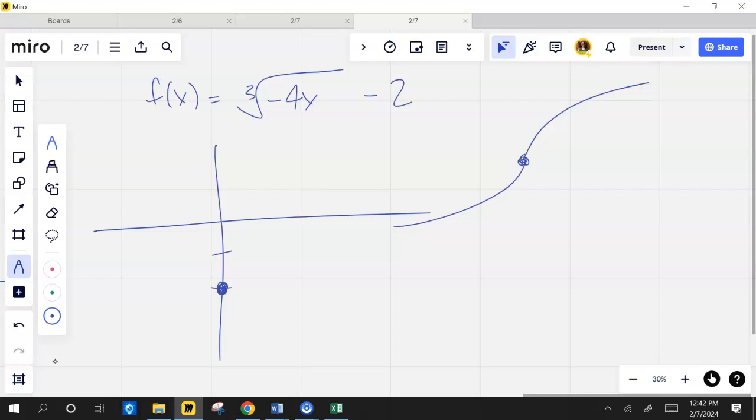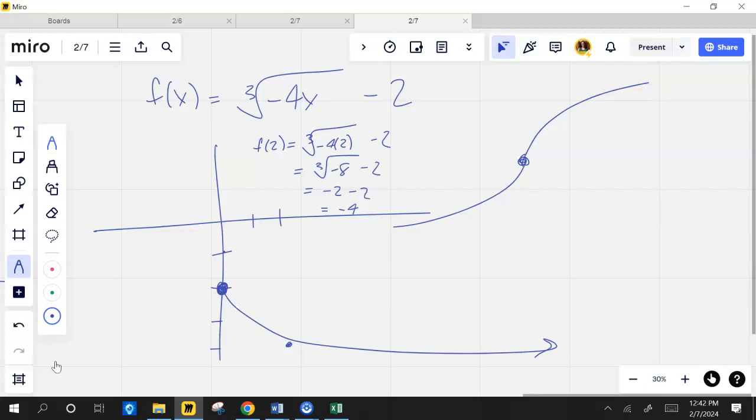So if I do f of 2, I get the cubed root of negative 4 times 2, which is the cubed root of negative 8, which is negative 2, minus 2. That's this end of it.